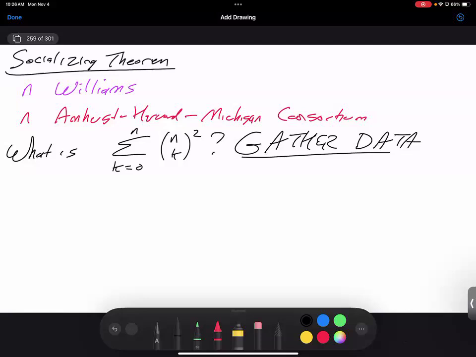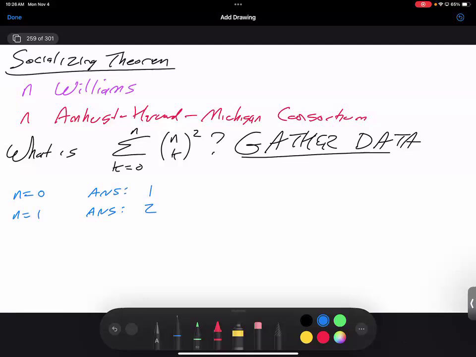So let's put in some values. Let's gather data. When n equals 0, what do we get? We get 1. When n equals 1, we're just going to sum 1 choose 0 squared plus 1 choose 1 squared. We get 2. Is this enough data?